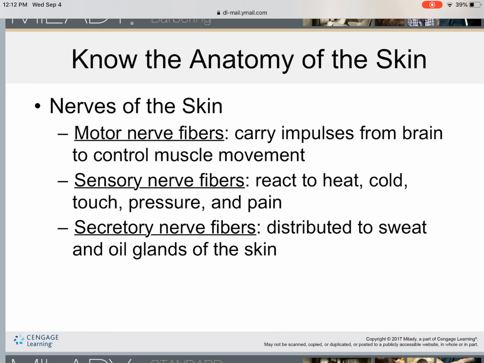Motor nerves carry impulses from the brain to control muscle movement. Sensory, they react to your senses. Heat, cold, touch, pressure, and pain. Now, your secretory, that usually relates to some type of fluid. They're distributed to your sweat and oil glands of the skin. Secretory nerves regulate the excretion of perspiration from the sweat glands and the flow of sebum from the oil glands to the surface of the skin.